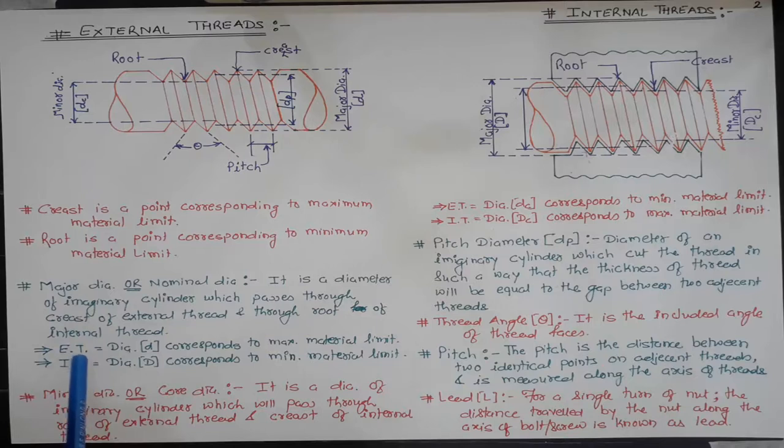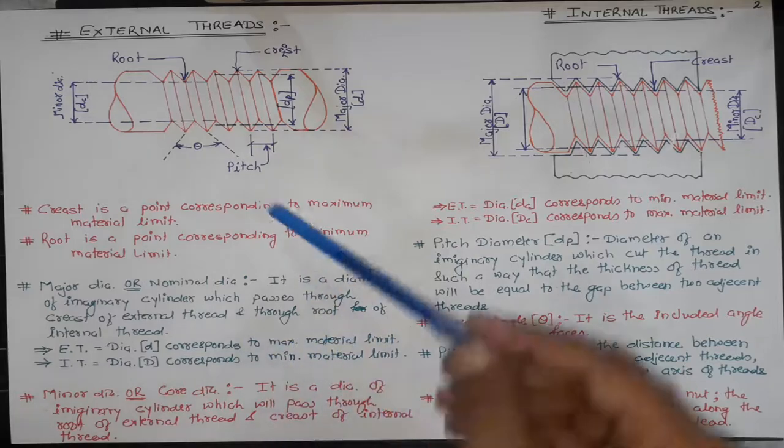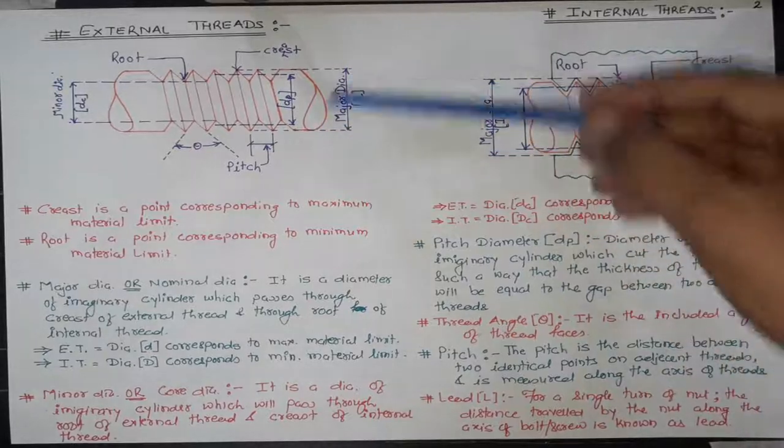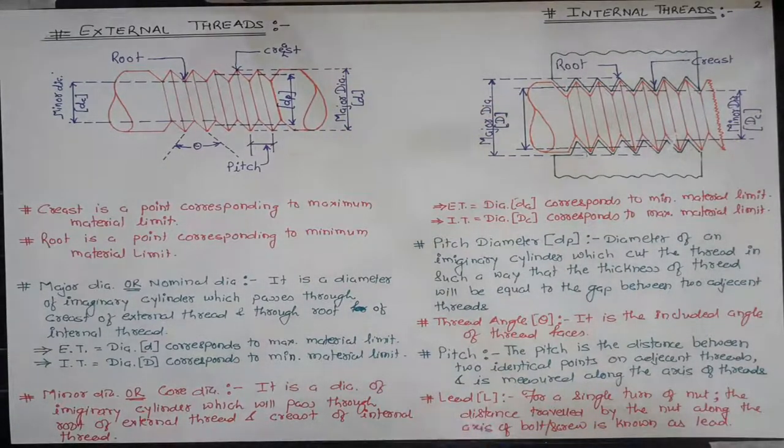For an external thread, the major diameter d corresponds to the maximum material limit. This will give the maximum cross-sectional area, whereas in an internal thread, the major diameter corresponds to the minimum material limit.